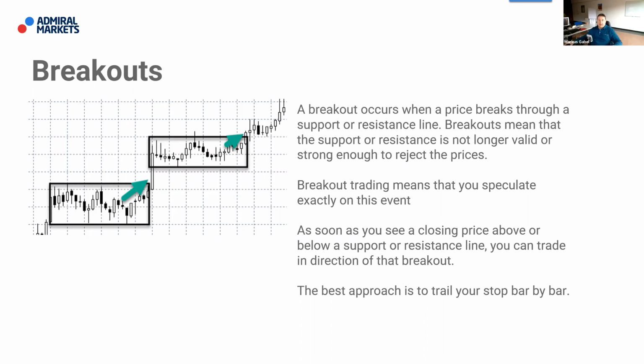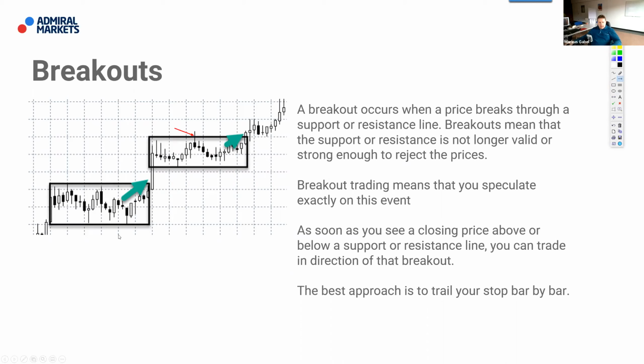And as soon as you see a closing price, and this is a really interesting message, as soon as you see a closing price above or below such a support or resistance line, you can trade in the direction of that breakout. Closing prices. Guys, this is really interesting, and this is not a closing price here.